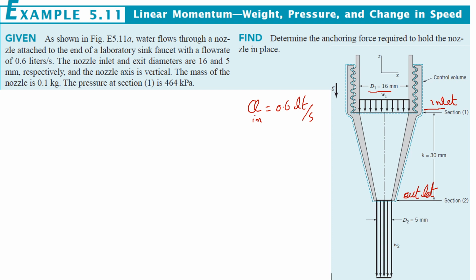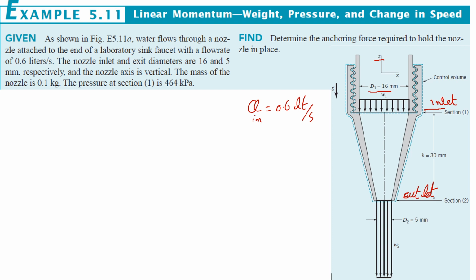These are our two control surfaces. Now the nozzle axis is vertical. The axis of this nozzle is vertical, as can be seen by this central line. It shows that the axis of this nozzle is vertical along the z-axis.